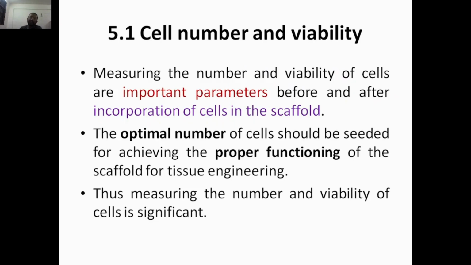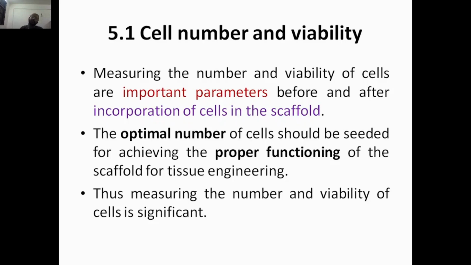So, cell number and viability. As the name itself says, it's about the number of cells, and cell viability, as we already know, is the ability of a cell to work and function in different conditions, or after a period of time.